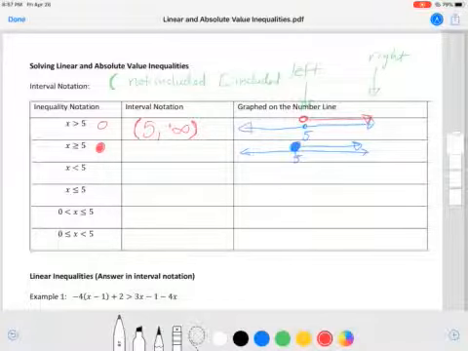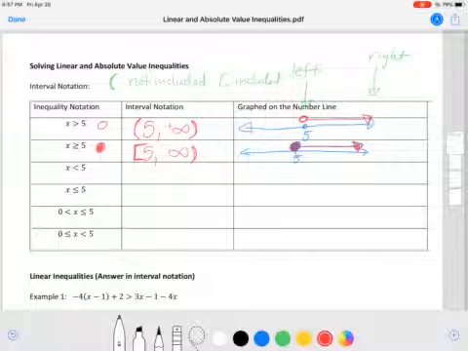So when I write this in interval notation, I'm looking at the furthest point left, which would be this point, and my furthest point right this way, which would be infinity. So on the left, I would put 5. On the right, I would put infinity. With infinity, I always use parentheses, but in this case, with the 5, because I want to actually include the 5 in that interval, I'm going to use bracket.